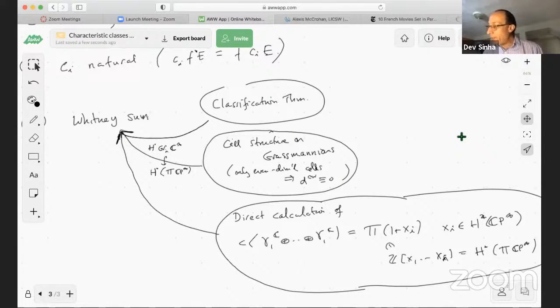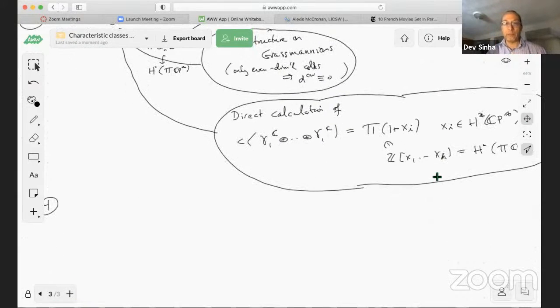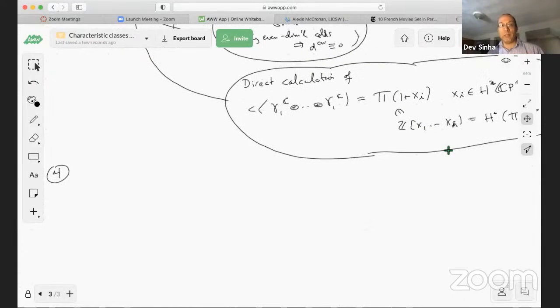The other thing this calculation generalizes is what we would call axiom 4, our normalization. It's kind of like the dimension axiom, that homology is not trivial.